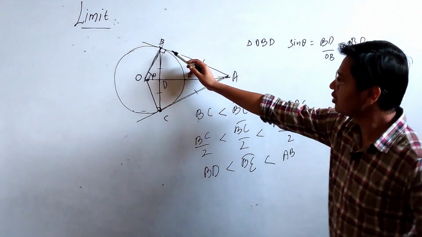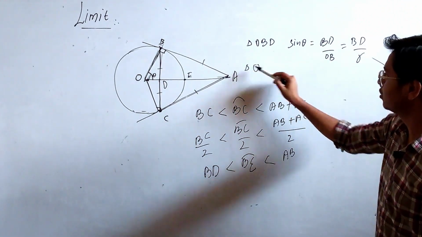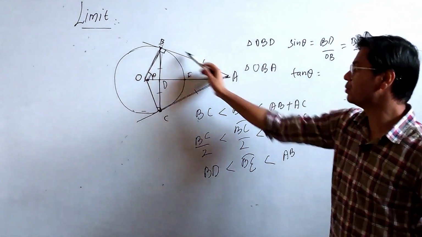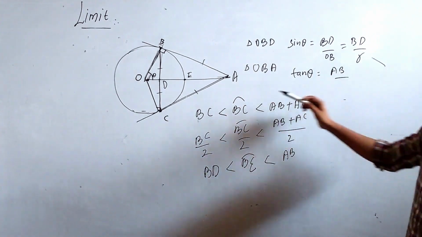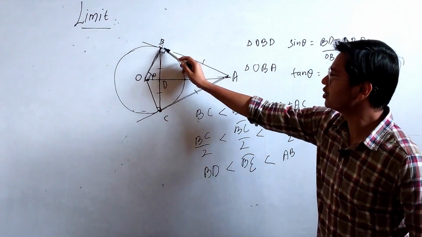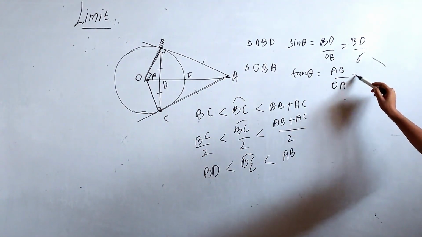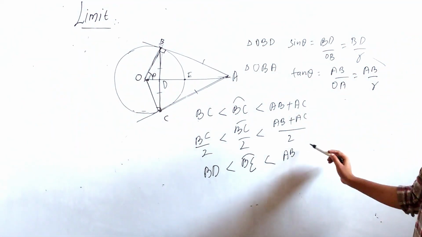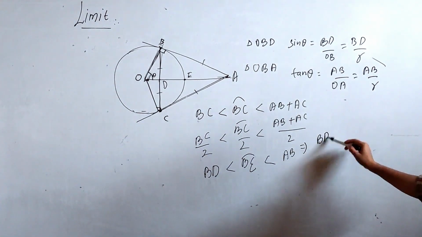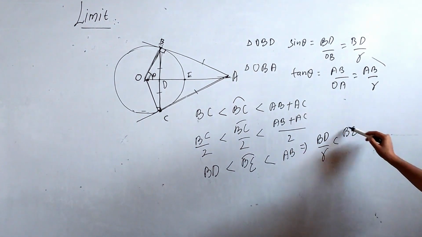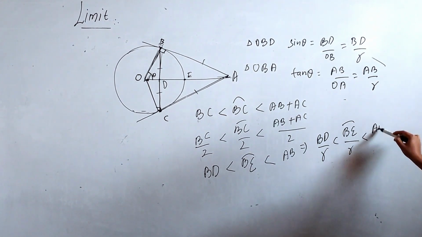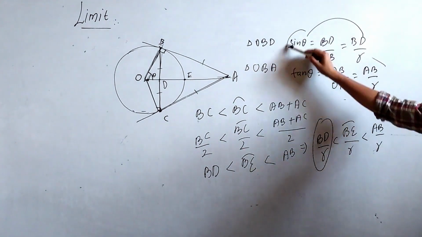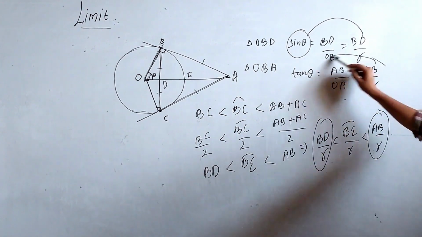Similarly, in triangle OBA, we can calculate tan theta, and tan theta is equal to perpendicular AB upon base OB, that means radius R. So AB upon R. If we divide this inequality by the radius, BD upon R is less than arc BE divided by radius, which is less than AB upon R. BD upon R becomes sin theta, and AB upon R becomes tan theta.